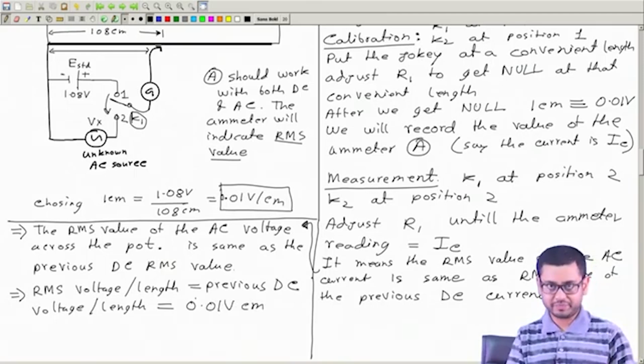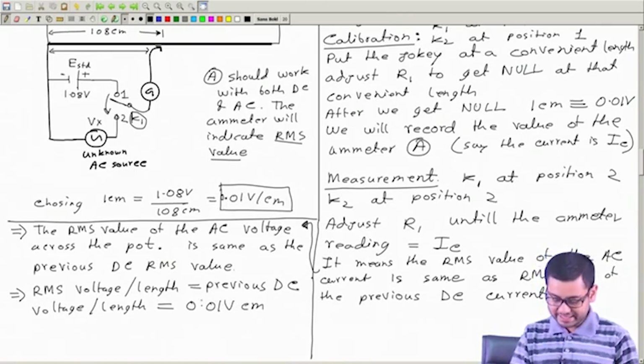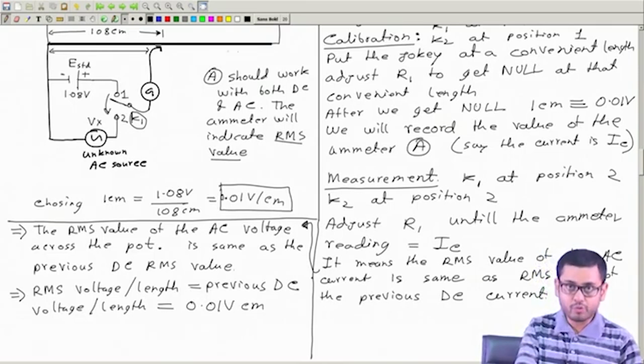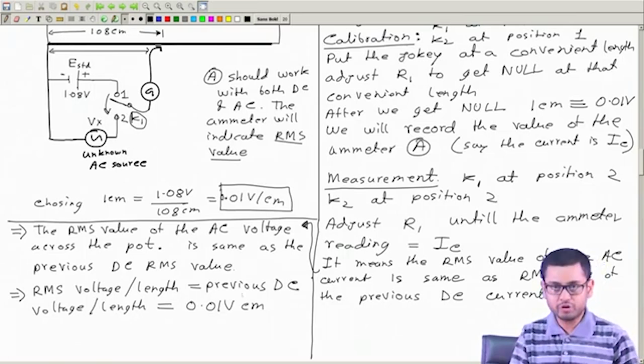This is what we have chosen. So now we can say that in this wire each centimeter represents 0.01 volt RMS.